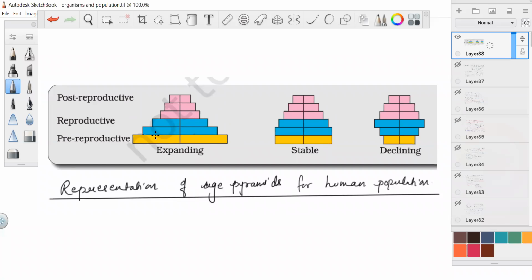This type of pyramid is an expanding pyramid. This is basically a triangular age pyramid, you can say. You can see this is forming a triangle shape.